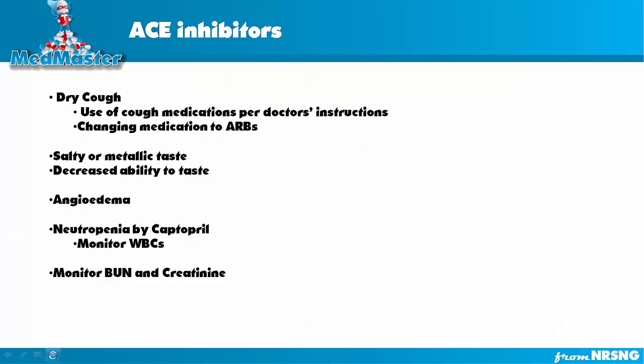One of the main side effects that as a nurse you have to remember, and for the NCLEX as well, is the dry cough. Remember, the ACE enzyme is located in the lungs.